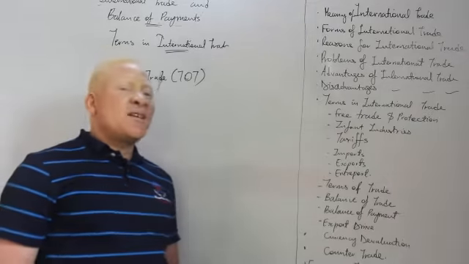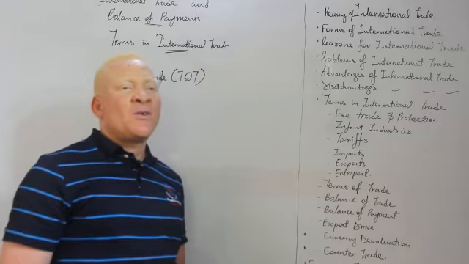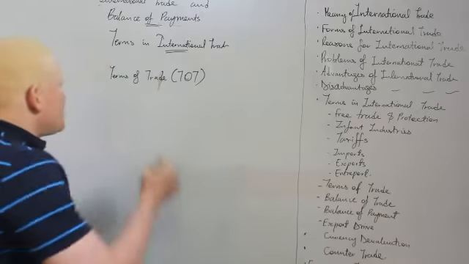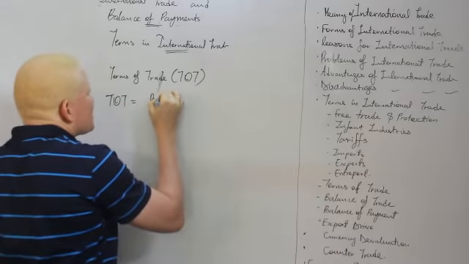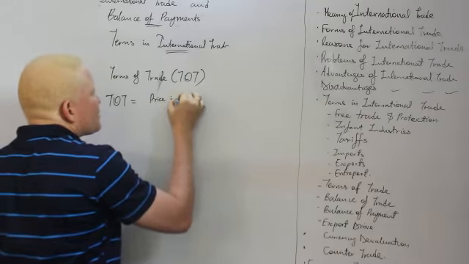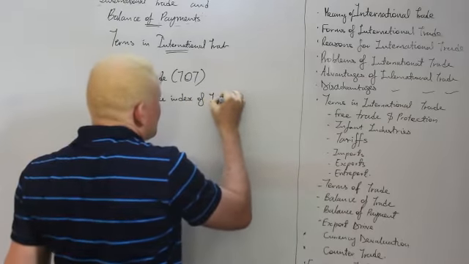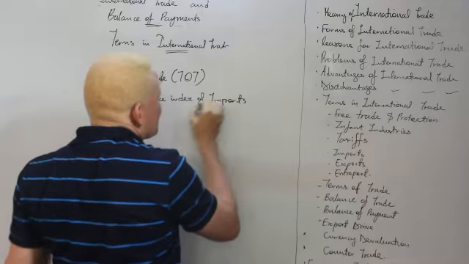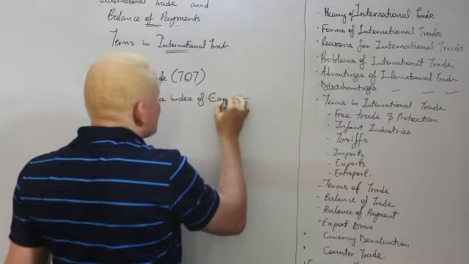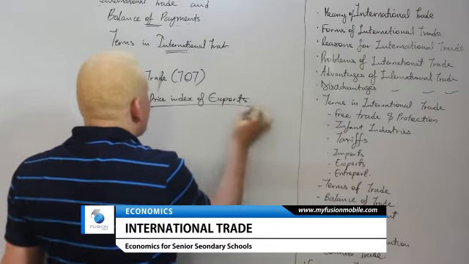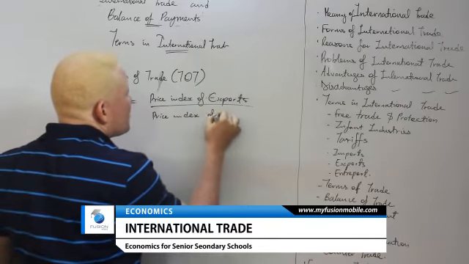So in other words, when we try to use it to know when we are having a favorable or unfavorable terms of trade, TOT is equal to price index of exports over price index of imports.